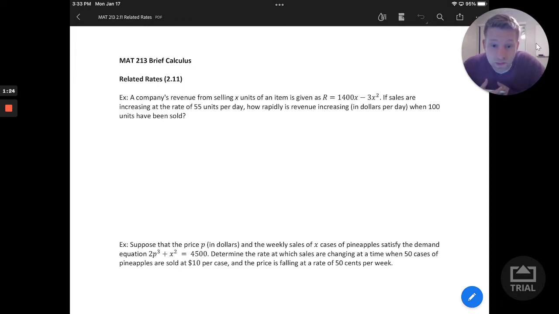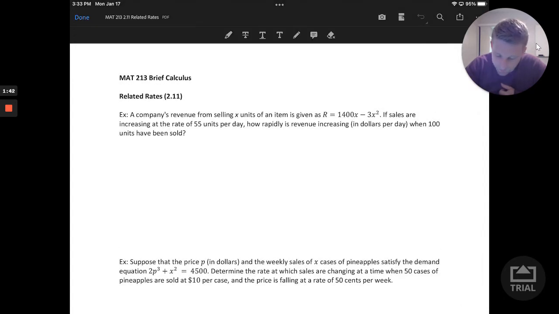pieces of information here. So let's see if we can break down, organizing and laying out the components of this problem. The first thing we see in that first sentence is we're given a couple variables and an equation.